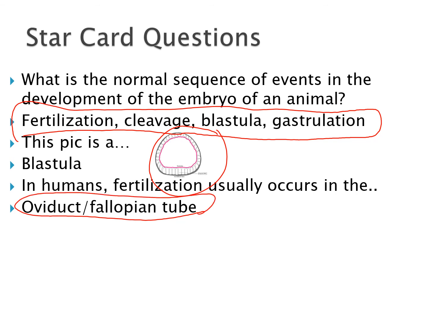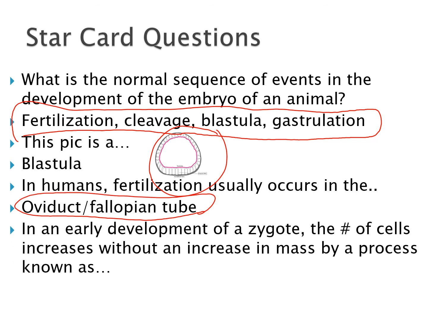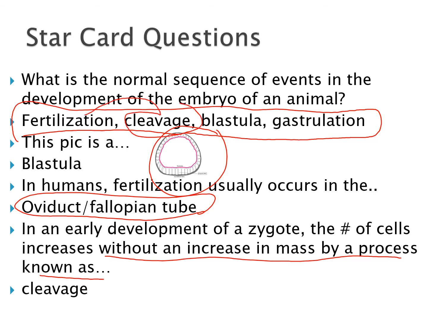That's what happens there. In early development of a zygote, the number of cells increases without an increase in mass by a process known as cleavage. Okay, so remember zygote, cleavage. This is when the numbers just start adding up.